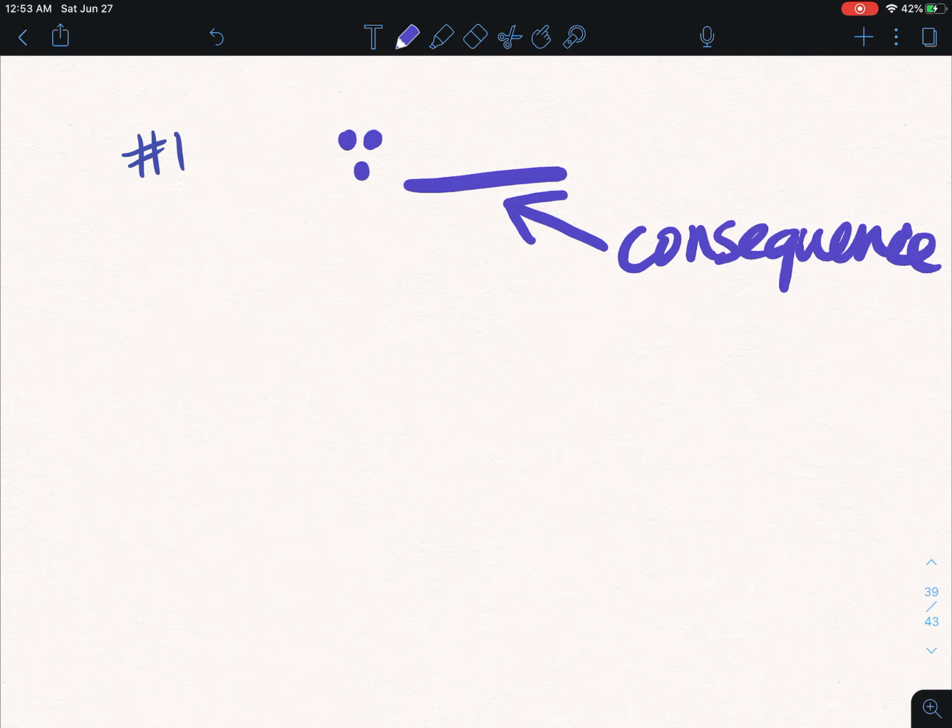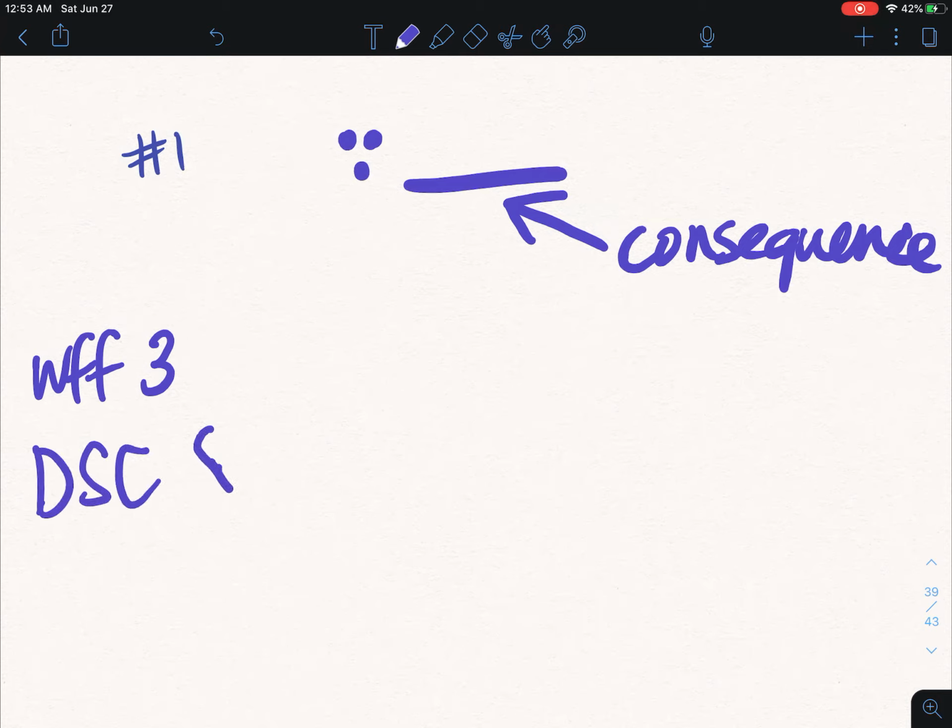That's what question 1 is asking. And the clues are wolf 3 and DSC and. That's it. So from now on, whenever you see the word consequence, just imagine it's something after, it's always going to be on the right side. And that's it.